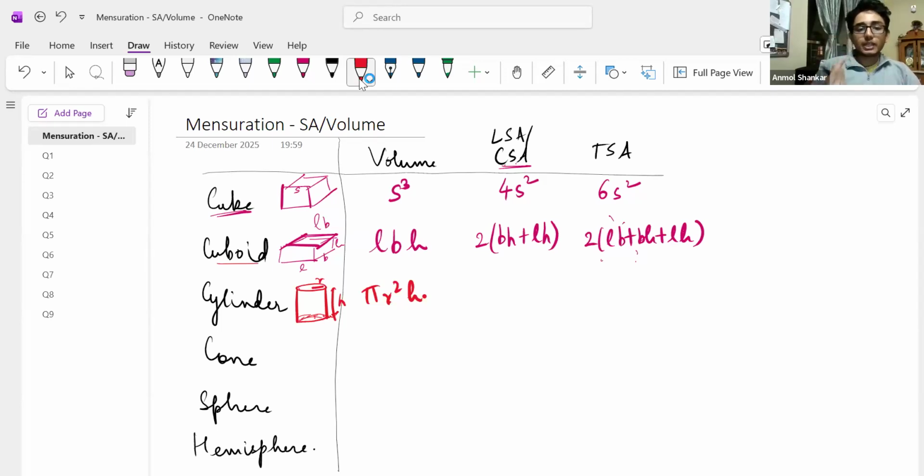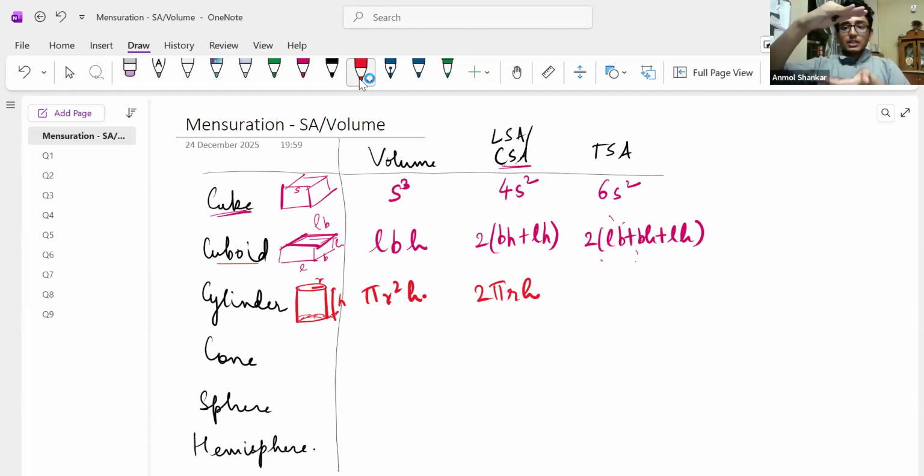So what is the perimeter of the circle? Perimeter of the circle is 2 pi r, into h. So we will get 2 pi r h. And total surface area is this 2 pi r h plus the pi r square on top plus the pi r square at the bottom, because top and bottom are both circles.